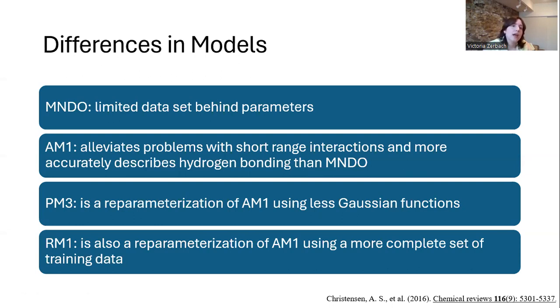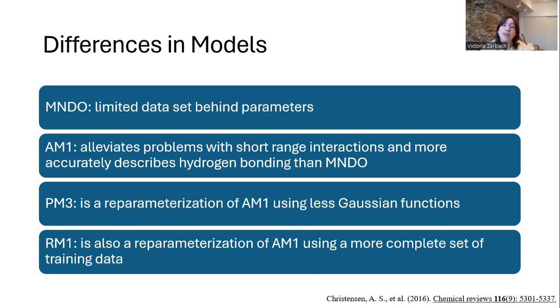So MNDO, its parameters are defined by a limited data set, and it tends to have problems with short range interactions and doesn't describe hydrogen bonding very well. While AM1 alleviates those problems with short-range interactions and more accurately describes hydrogen bonding than MNDO.